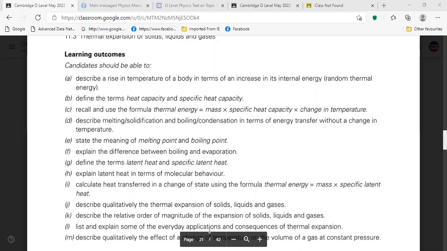When this boiling process is happening, the temperature remains constant. It will be at 100 degrees Celsius. Then the liquid turns to vapor. Is it clear?